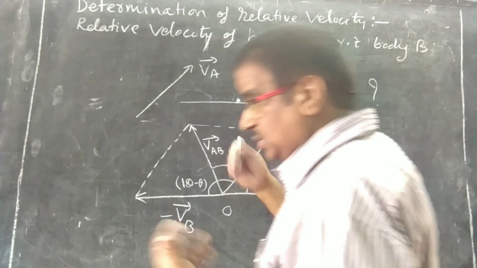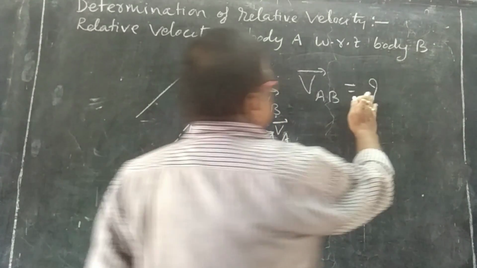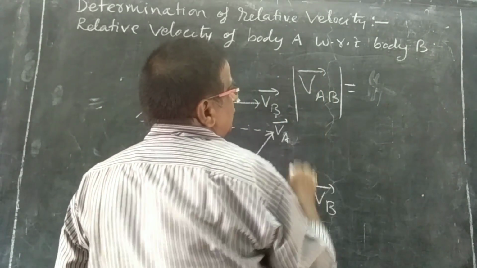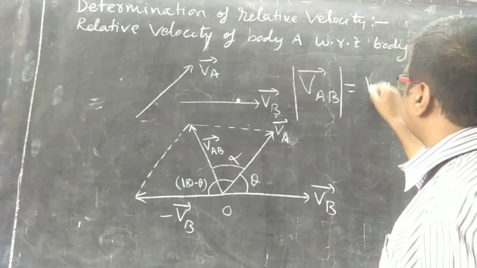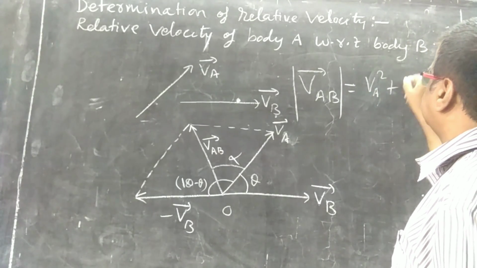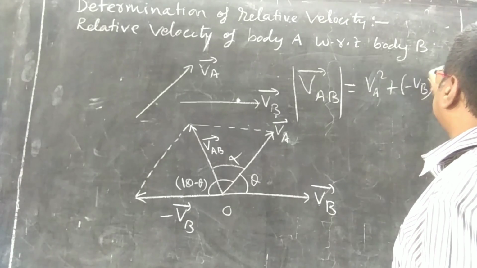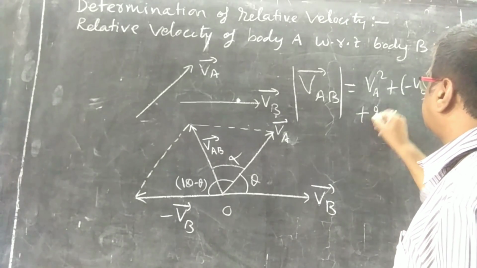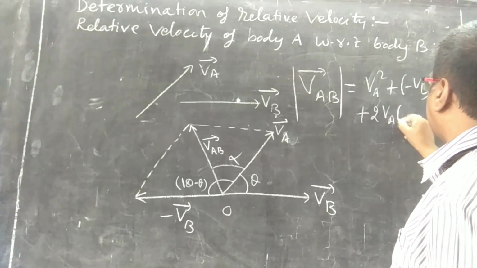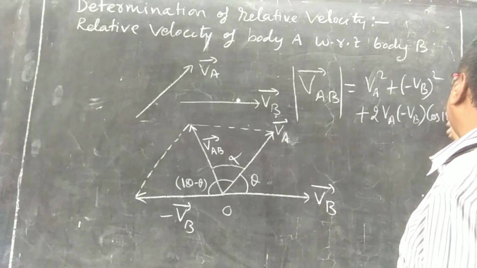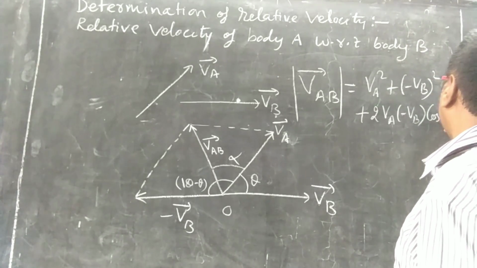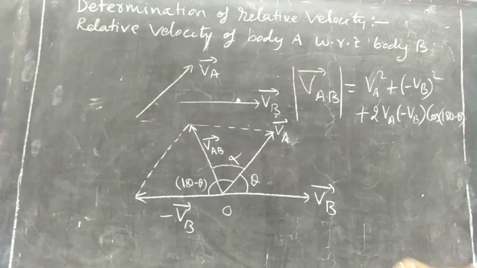So according to the resultant, the magnitude of the relative velocity of A with respect to B will be the square root of VA square plus minus VB square plus 2 VA minus VB cos of 180 degree minus theta. This will be the resultant value.